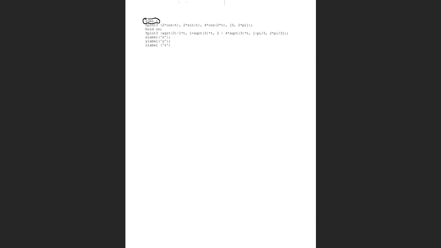Okay, so for the first plot here, I'm using what's called the fplot3 command because I want to plot a space curve in three-dimensional space. This is r of t.